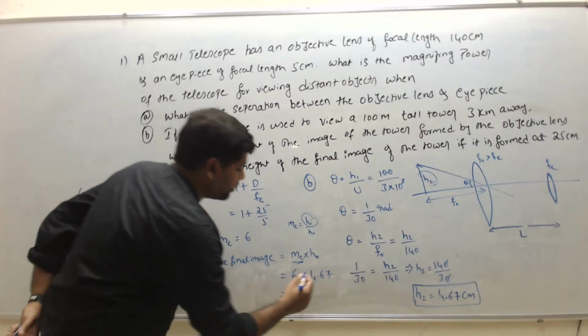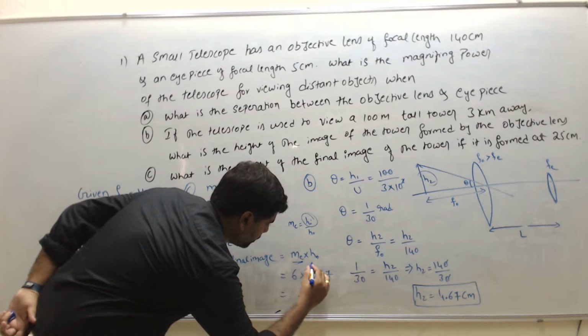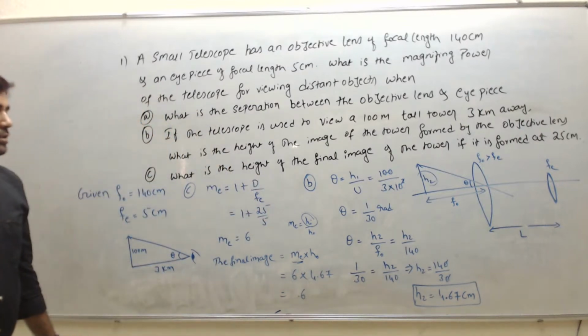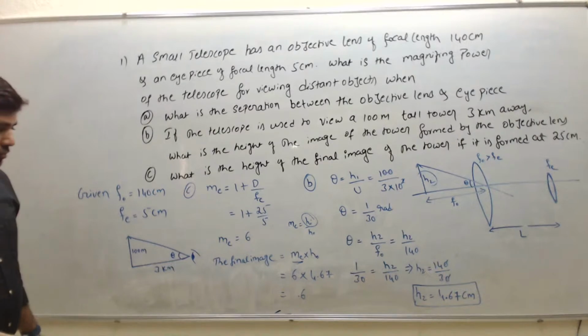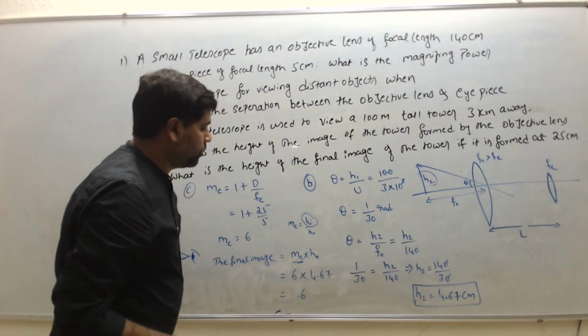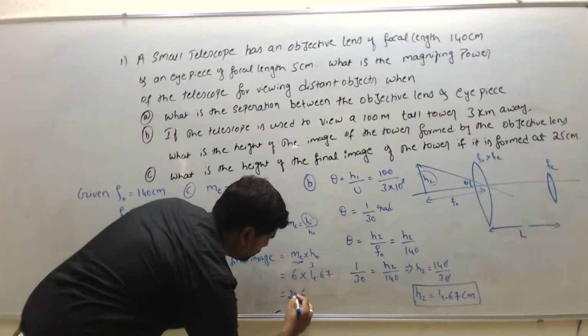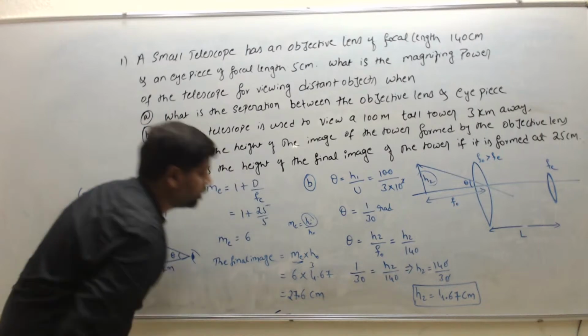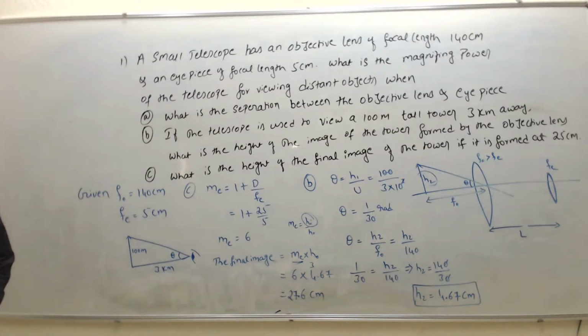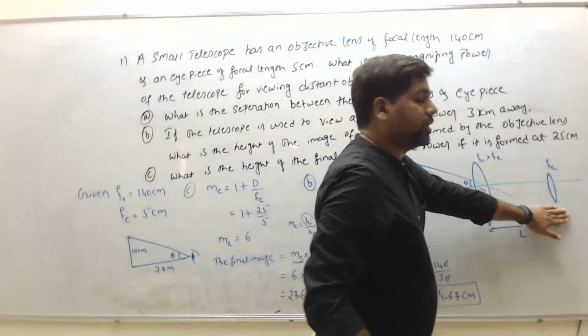So the final image becomes 6 6s are 36, 6 4s are 24 plus 3, that is 27.6 centimeter. So this one is the final image formed, that is viewed from this eyepiece.